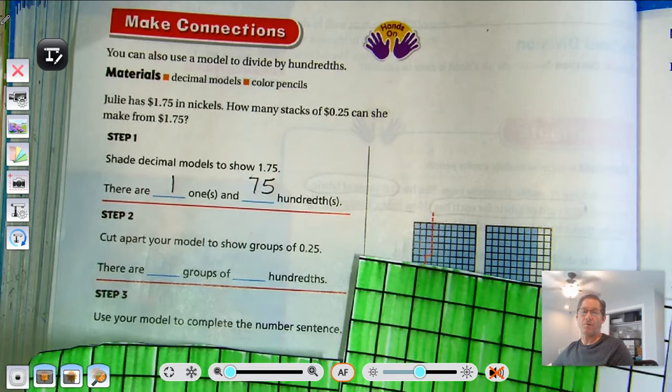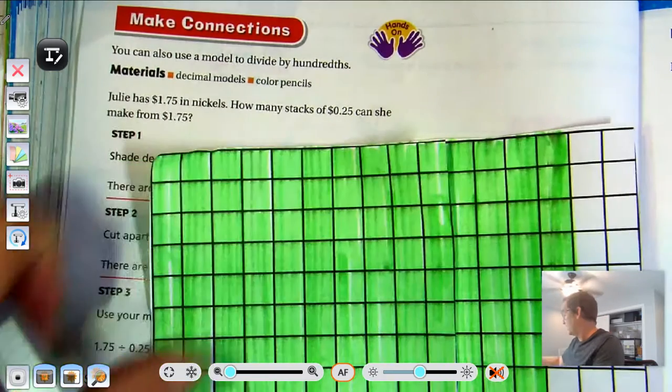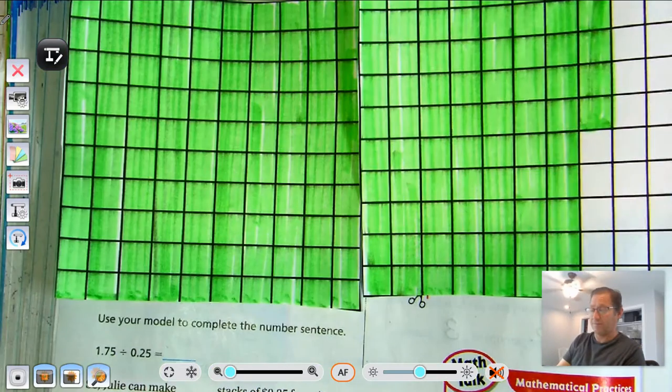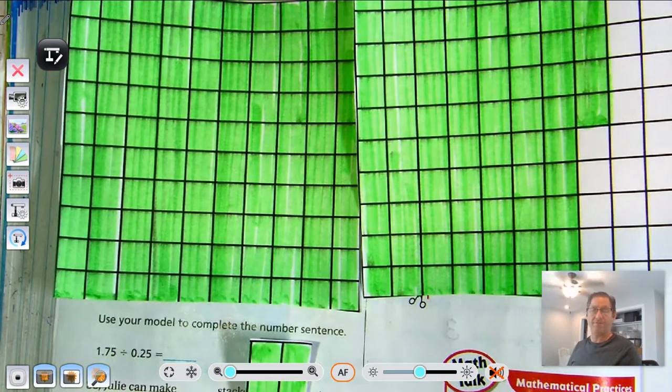Okay, we're going to cut apart our model to show groups of 25. So I did that ahead of time. And so I cut them apart in groups of 25.